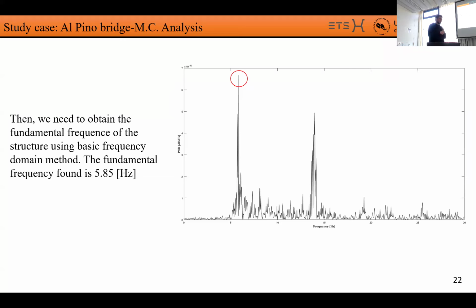As I told before, I need to define some bounds in which the time lag and the model order could vary during the Monte Carlo analysis. For doing that, the first thing that we needed to do was to obtain the first frequency of our structure. For doing that, I implemented a very simple peak picking method, and as you can see here, the first frequency found was at 5.85 Hz for this structure.